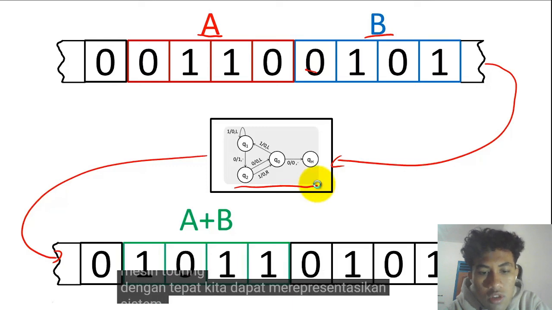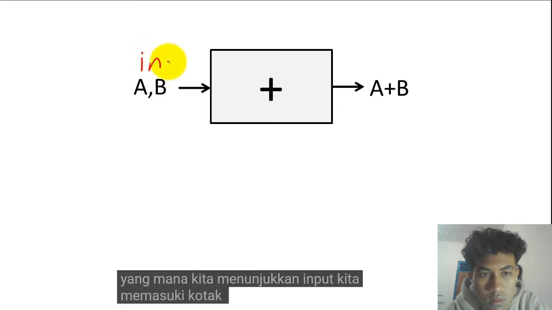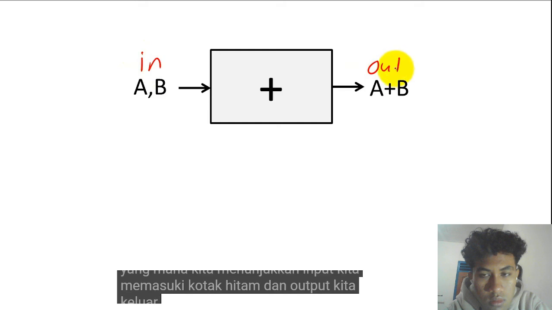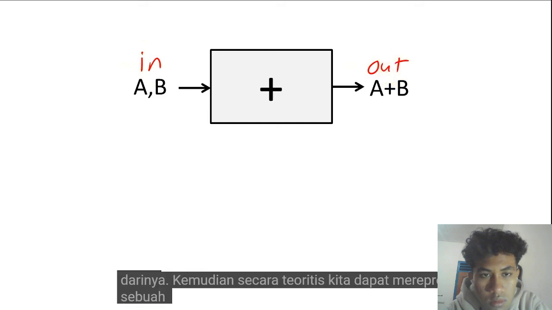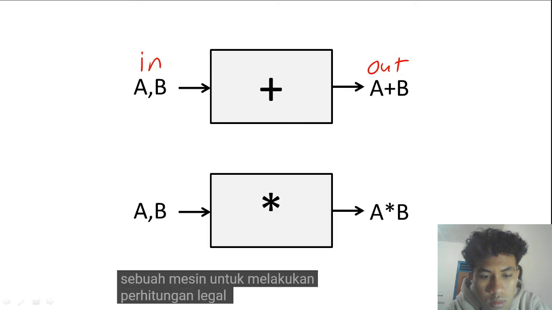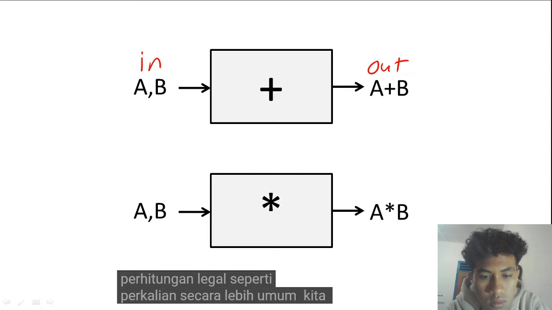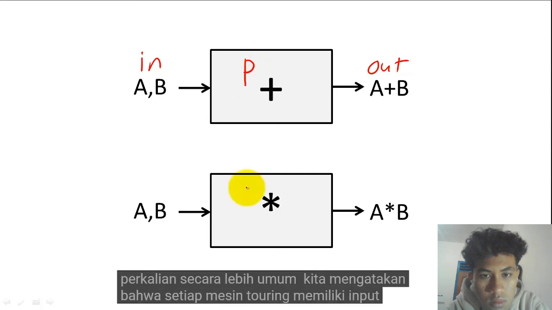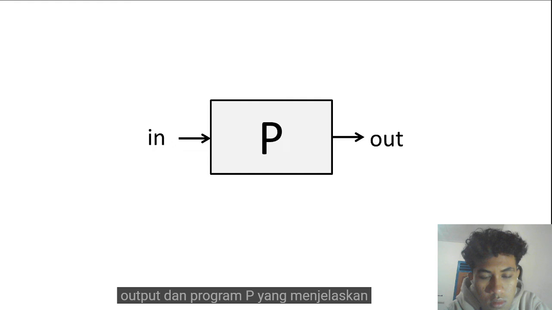We could represent this type of system with the black box notation, in which we show our inputs entering a black box and our output leaving it. We could then theoretically represent a machine to perform any legal computation, such as multiplication. More generally, we say that each Turing machine has inputs, outputs, and a program P that describes its behavior.